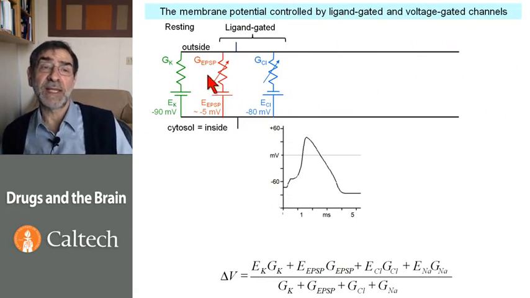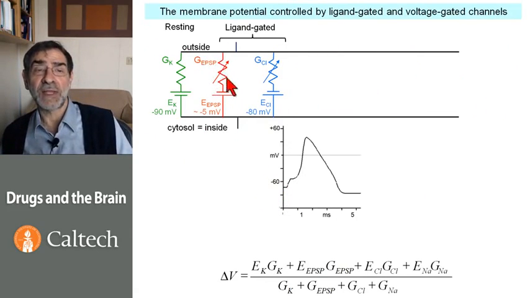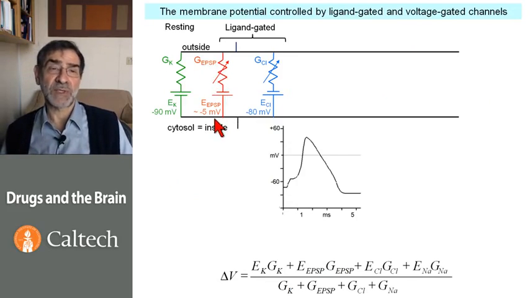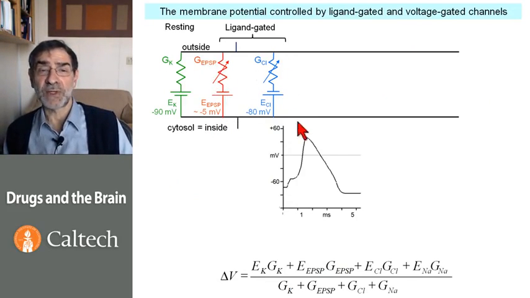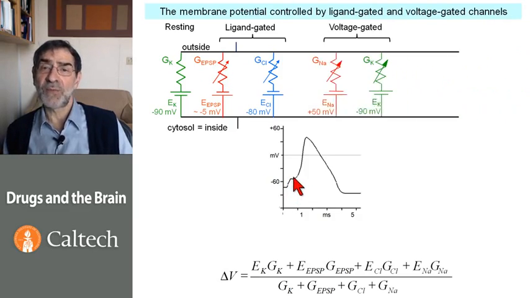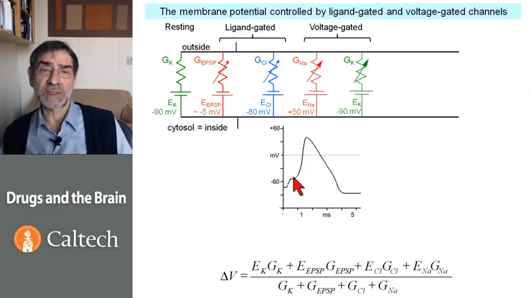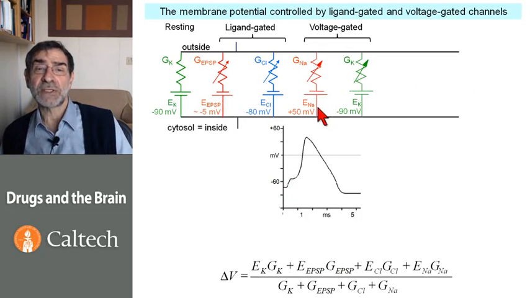We've discussed ligand-gated channels that underlie the excitatory postsynaptic potential or the inhibitory potential, and here is a trace of an excitatory postsynaptic potential. Today we're going to briefly discuss voltage-gated sodium channels and voltage-gated potassium channels, which do underlie the action potential.